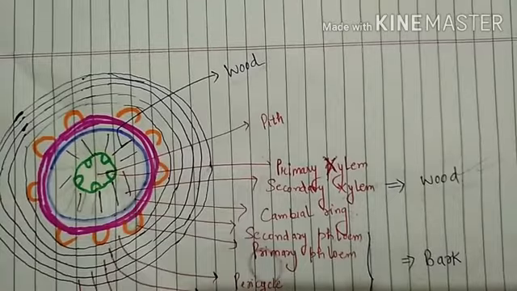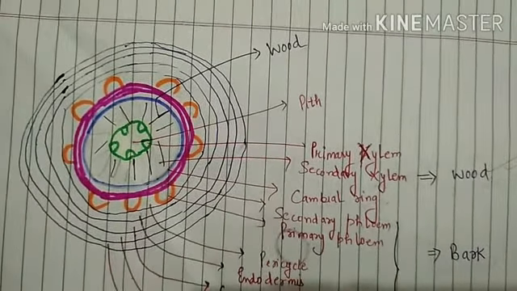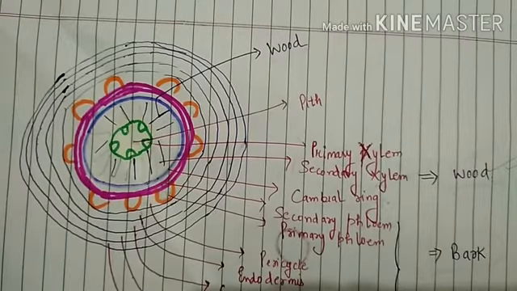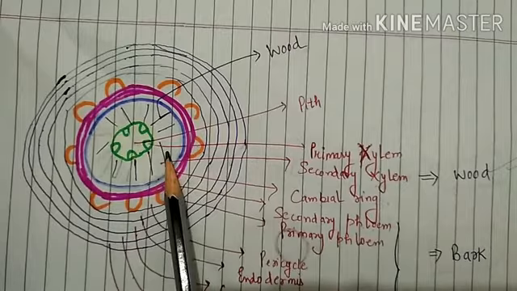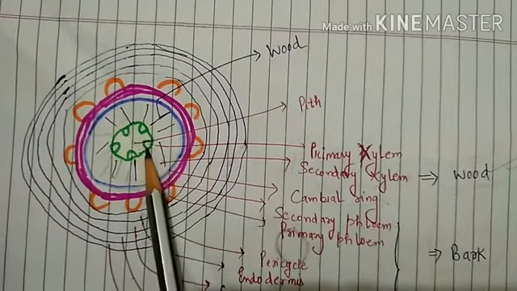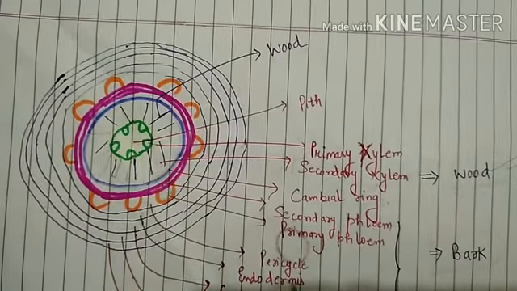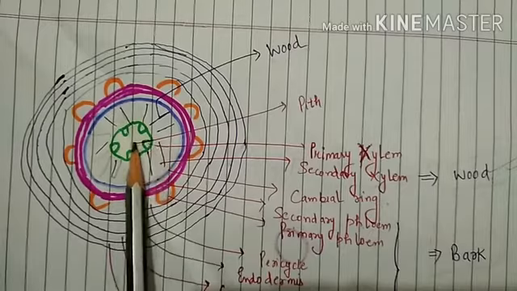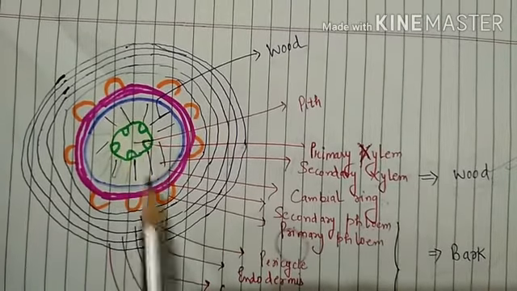You know that in the previous video we studied that the cambial ring forms secondary xylem and secondary phloem. The primary xylem is pushed towards the inner side, towards the pith, and now the pith has become smaller.